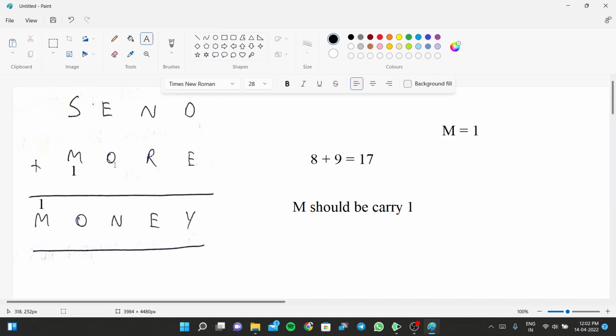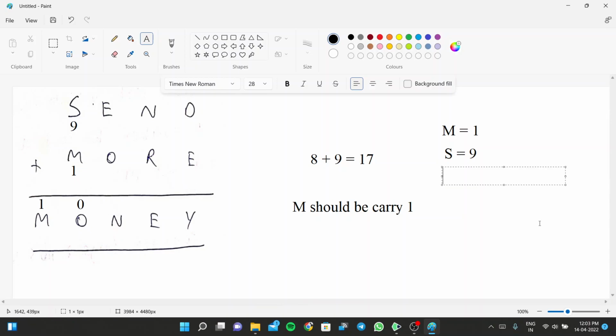What about these? If we add 8 plus 1, does it give a carry? 8 plus 1 gives me 9, which doesn't make sense. If we add 9, 9 plus 1 gives me 10. So S is equal to 9. Then 9 plus 1 gives me 10 and the O value will be 0.